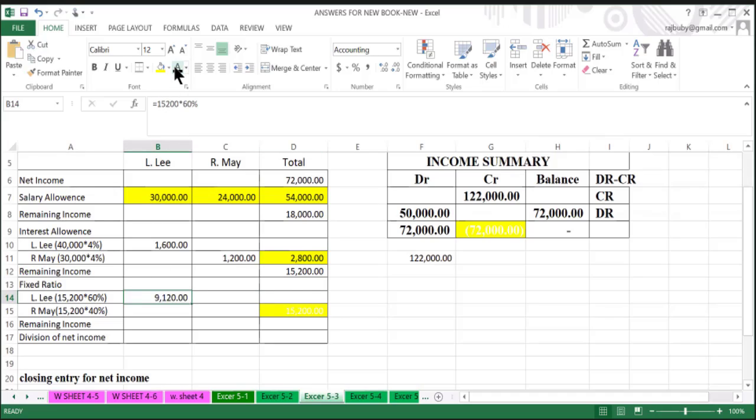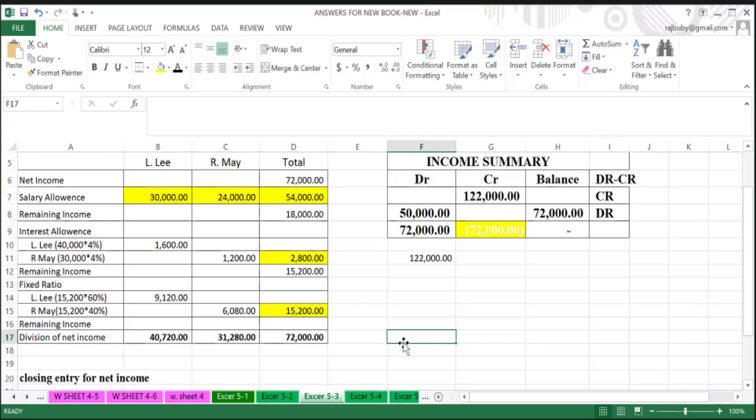And the total division of net income is 40,720.